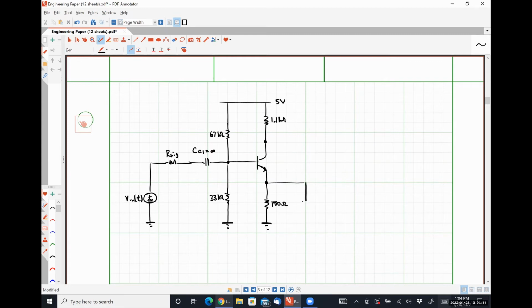It is very likely, at least for this particular configuration, to include an emitter capacitance, which we're also going to say is very, very large, so that it looks like an open circuit at DC and a short circuit at our frequency of interest. Then on our output side, we have yet another coupling capacitor. Let's call this guy CC2.